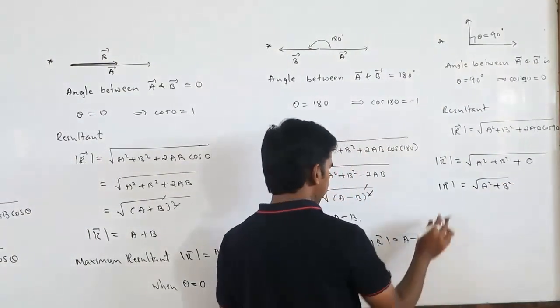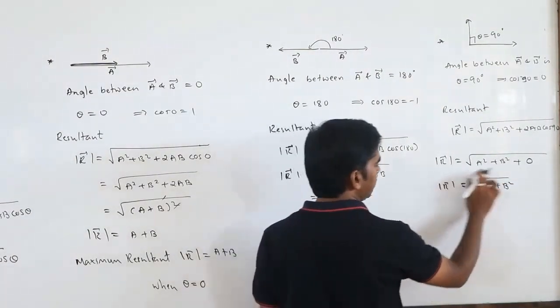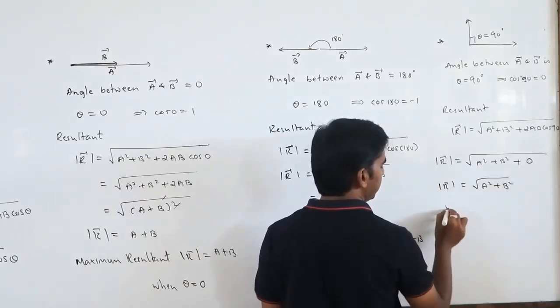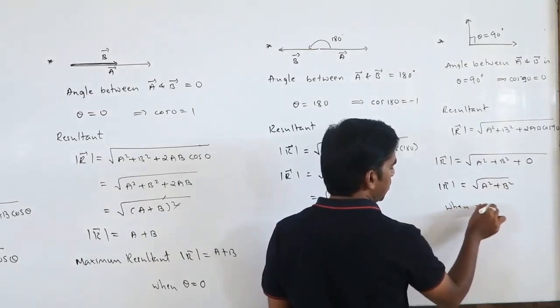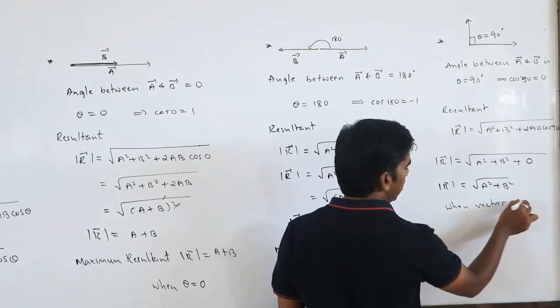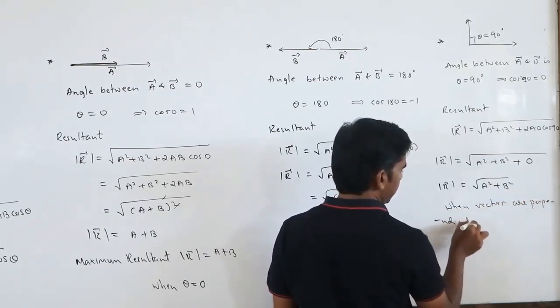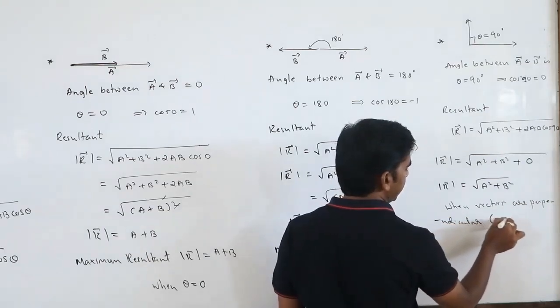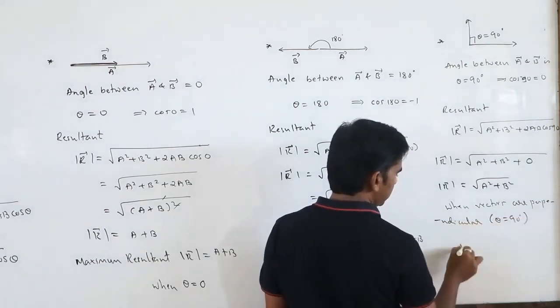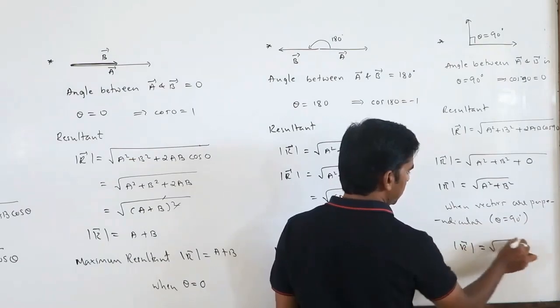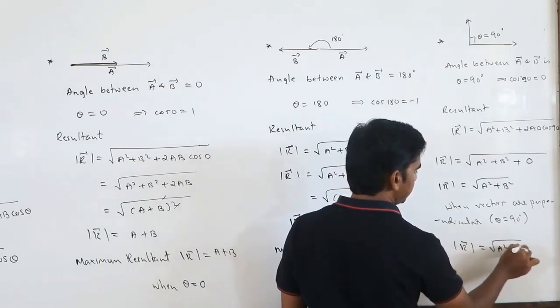This is when the vectors are perpendicular, that is when theta is 90 degrees.